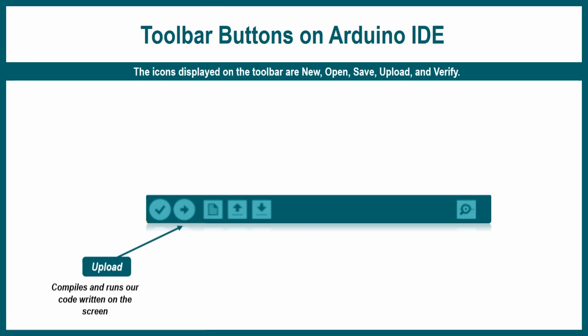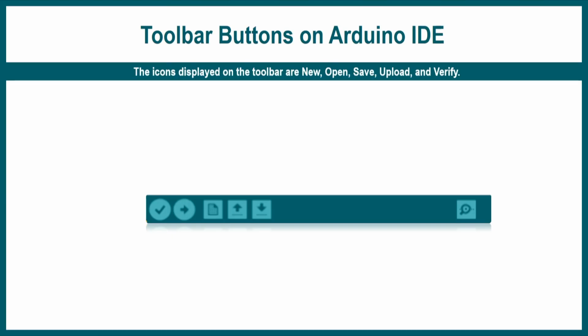This upload button is going to compile your code again, and after that it will be sent to the Arduino board environment, so that an error free code can be sent to the hardware system and it can start running as per the instructions provided in your code. Next to this, you have an option to create a new sketch.